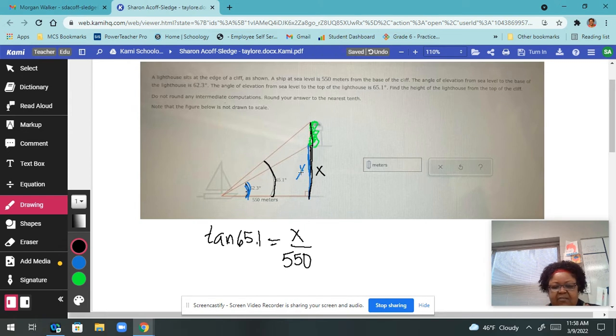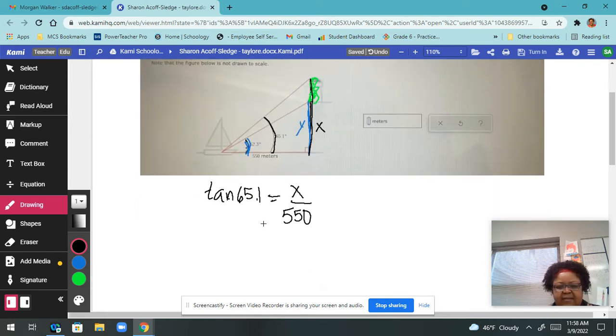So if we solve for X, by cross multiplying, X would be 550 times the tan of 65.1.